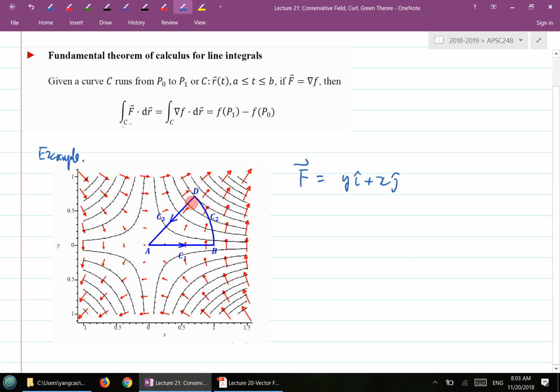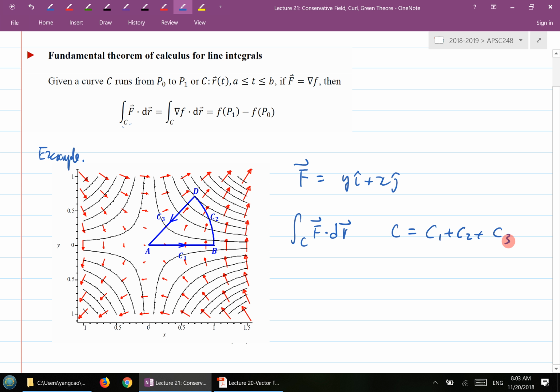Within this vector field, we have inserted a slice of pizza over here, consisting of 3 curves, C1, C2, C3. And what we want to do is integrate over this curve C, where C equals C1 plus C2 plus C3, like this.